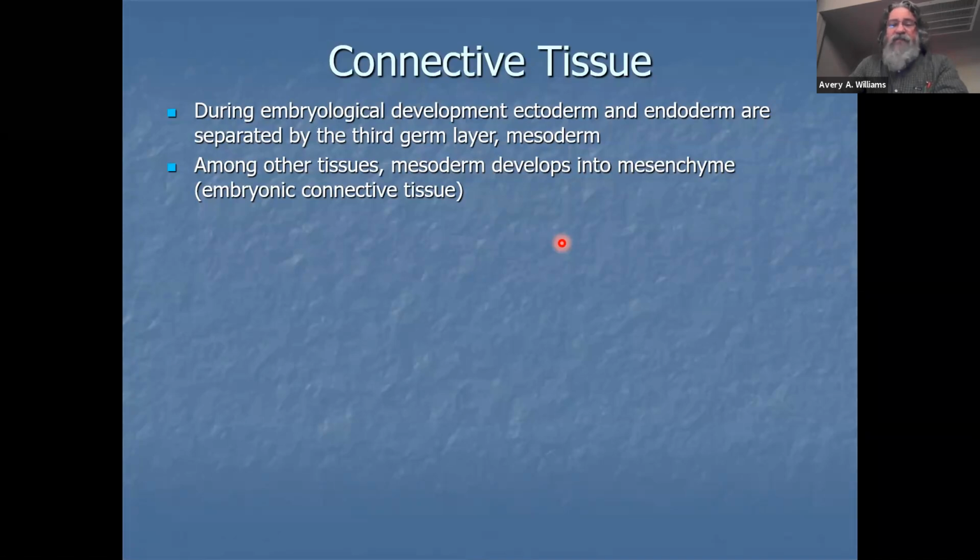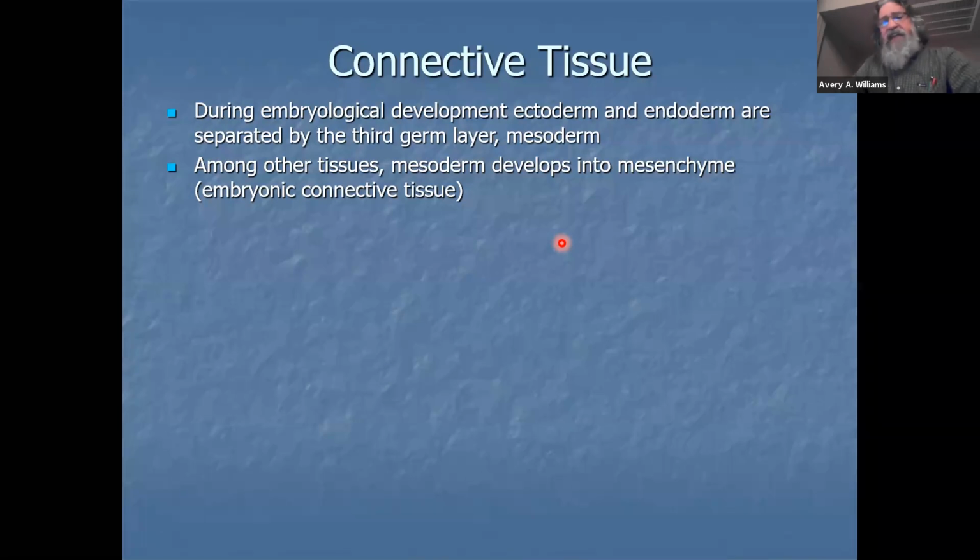Mesenchyme is often referred to as embryonic connective tissue because mesoderm makes other things like muscle, but some of the descendant or derived tissue that comes out of mesoderm is this stuff called mesenchyme. And mesenchyme is slated, for lack of a better term, to become all your connective tissue.